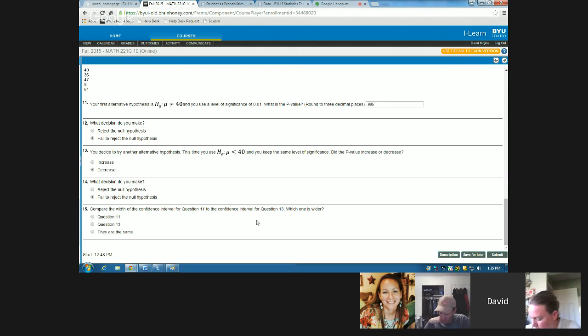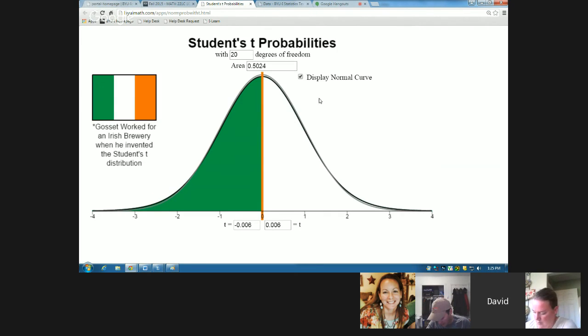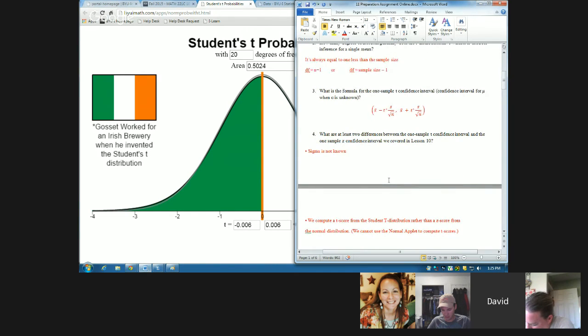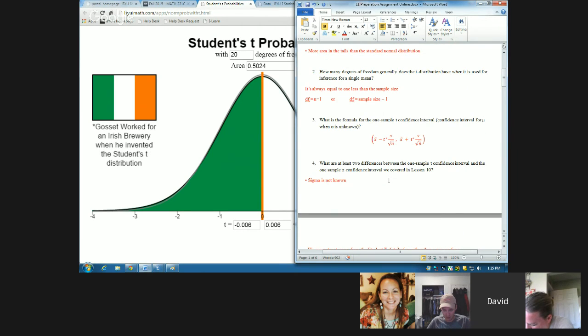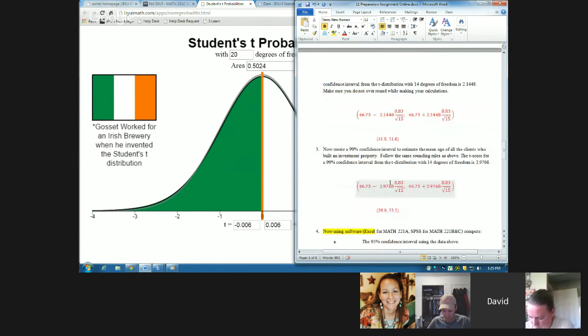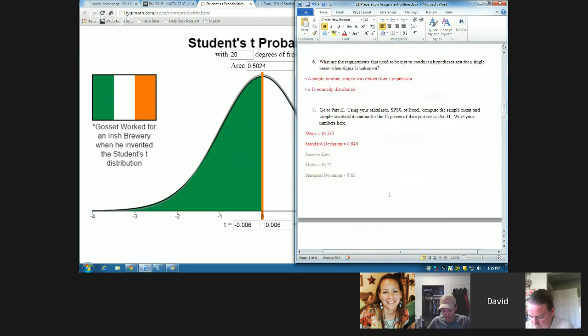Oh, that's so much work. I have the confidence interval formula right here. I think it's x bar minus z times, or t, times the standard deviation over the square root of n, right?